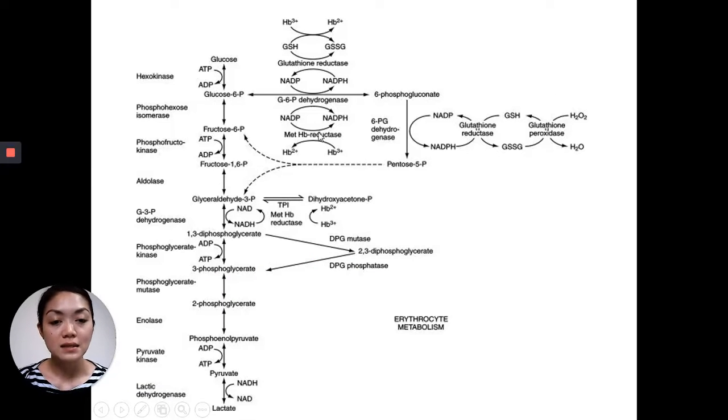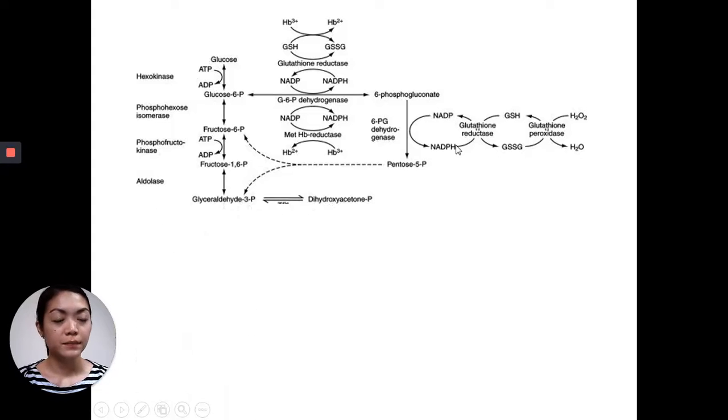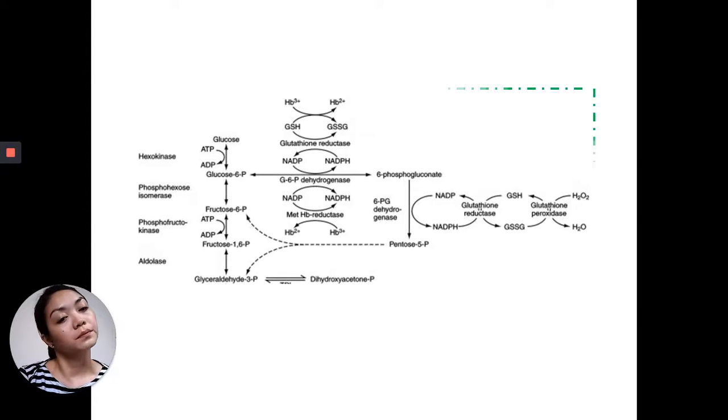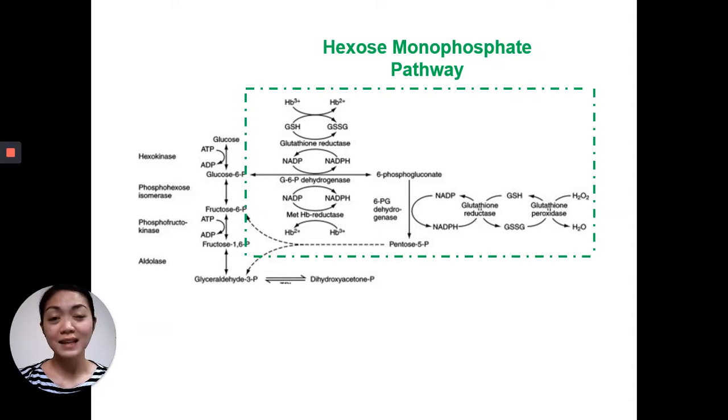So, going back again, this is EMP, but as you can see here, may a diversion from the first phase. Okay, so that is HMS or HMP. So from G6P, dira ma-enter ang pinaka-important nga enzyme also.